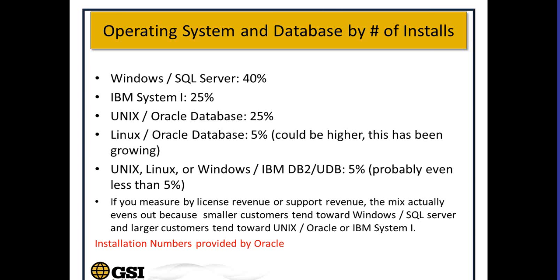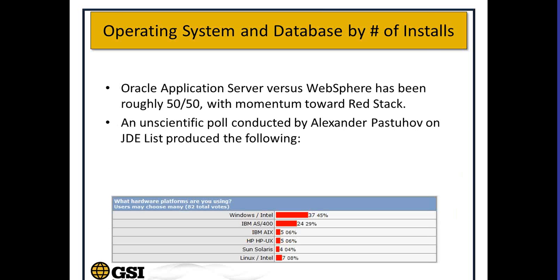If you look at the last touch point, the larger customers tend to move towards Unix Oracle or IBM System i. So in terms of revenue or support revenue, it's more flat in terms of the breakdown. And this is a non-scientific poll conducted by Alexander Paschov on the JDE list, which is interesting because it really comes close to supporting those exact same numbers.